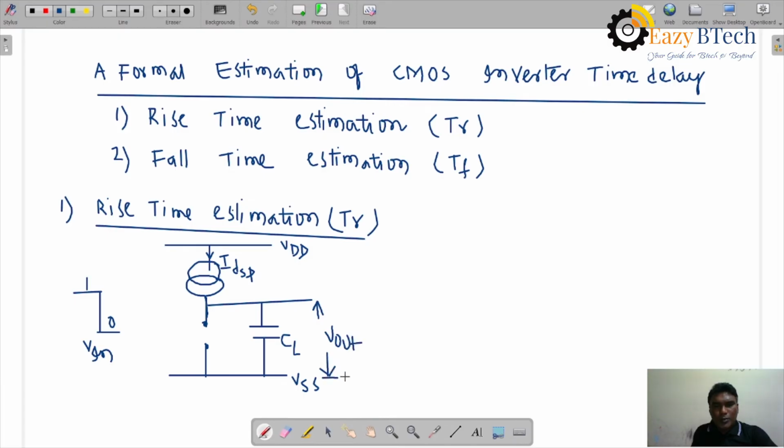Here we can take the output, right? When 0 is given, which one is on, which one will be off? Let us see this in a transistor circuit model.